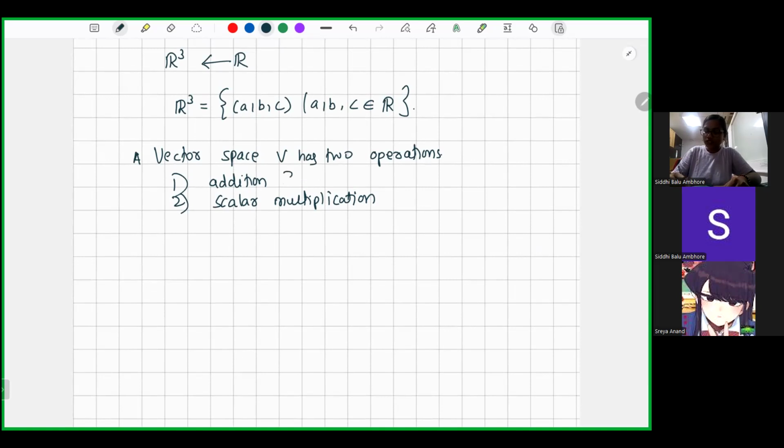Addition is defined, so what they say is V is a commutative or abelian group under addition.